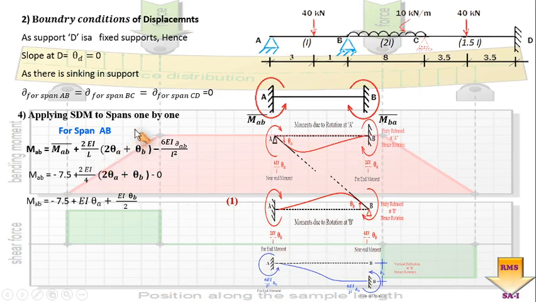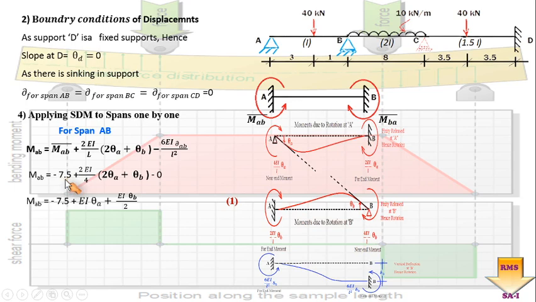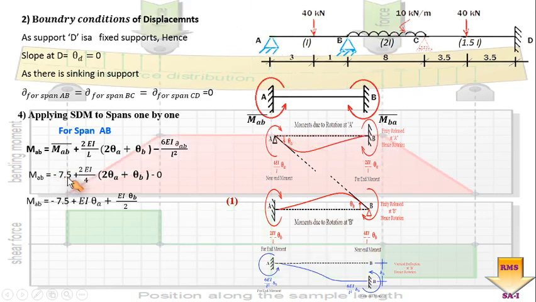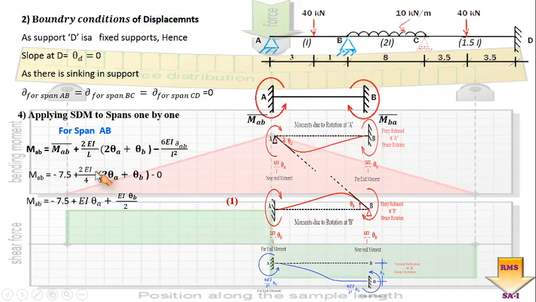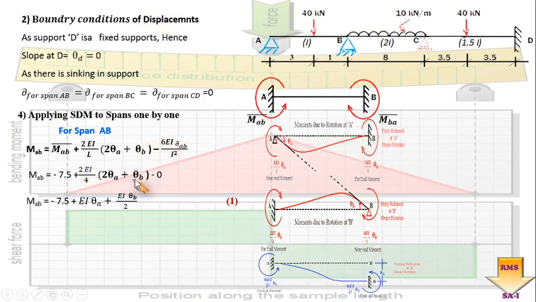So this is how we have worked out this governing equation, and we have substituted the values from what we have earlier worked out. We have worked out the value of MAB bar, which comes out to be equal to minus 7.5, and then I have taken 2EI by L common outside, and in the bracket 2 theta a plus theta b.